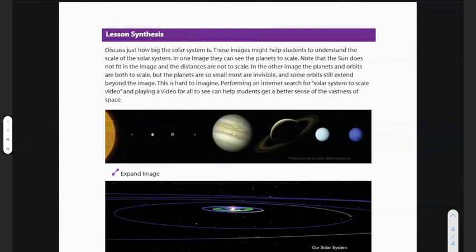Okay, so lesson synthesis, as you can see, that's not really a scale drawing, right? Planets aren't that close together. They're way out there. What's really crazy is how big Jupiter is. They actually say that because of its mass, it protects Earth from asteroids flying through, because apparently it changes their trajectory so much, they just swerve out and away from Earth.